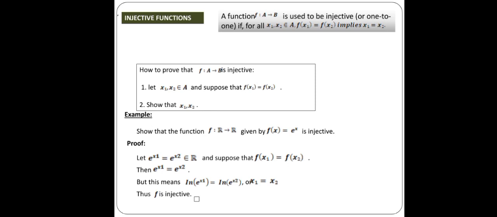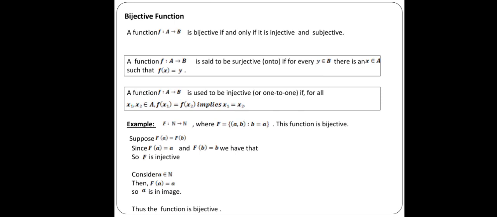So now we have another one, the bijective function or the bijection. A function f from set A to set B is bijective if and only if it is injective and surjective. So we can say that a function is bijective if it is injective and surjective.